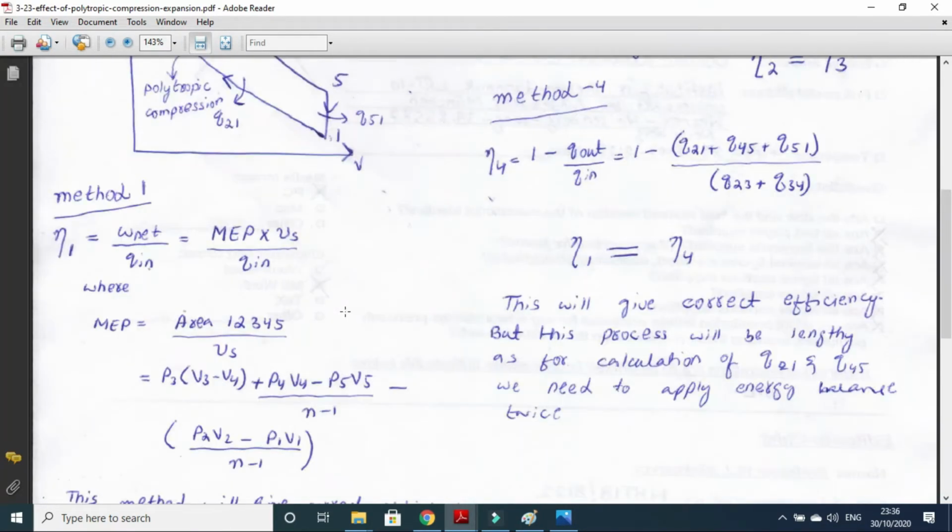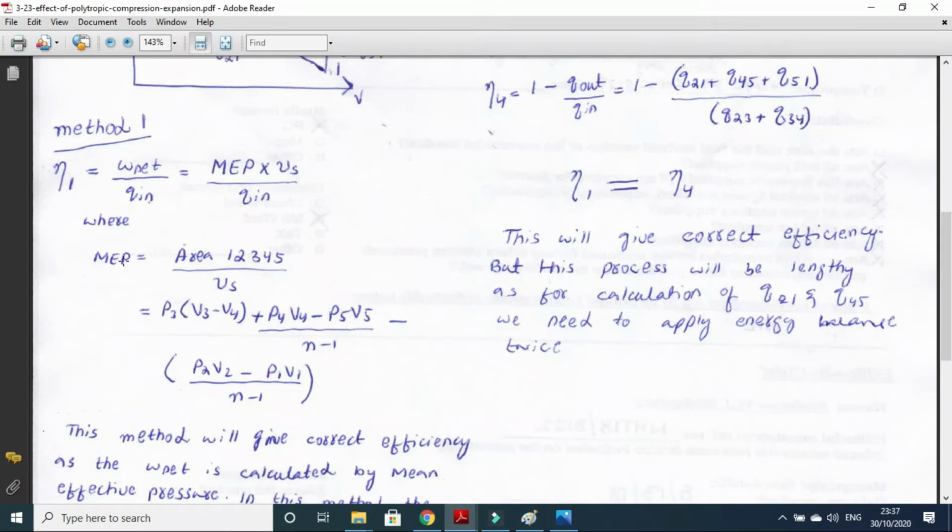So let's look at method 1. Now this numerical can be solved by method 1, where efficiency will be calculated on the basis of net work output divided by Q in, but you will calculate the net work output by using the mean effective pressure. So mean effective pressure multiplied by swept volume will give you the net work, divided by Q in, and mean effective pressure should be calculated with this formula.